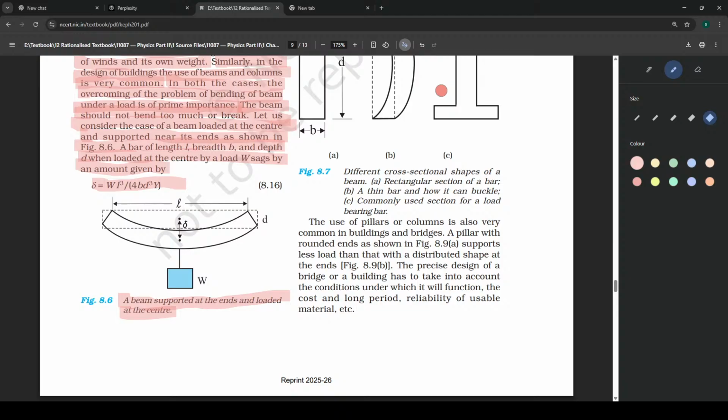And it is inversely proportional to D cubed, even more so than breadth. The higher the depth of the rod, the lower the sagging. It is a 1 by d cubed relationship, and a 1 by b relationship.